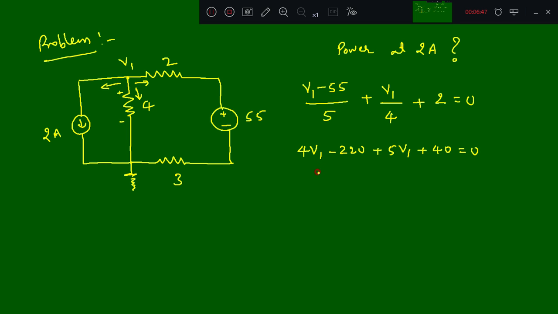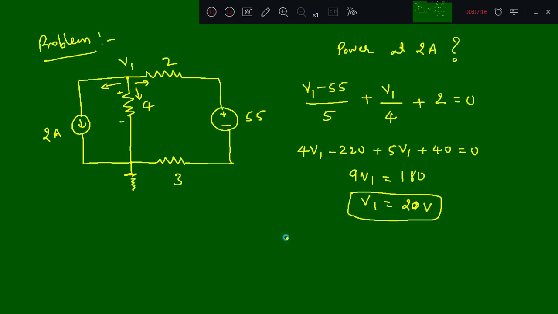So 9V1 equals 180, and V1 equals 20 volts. We got this value with only one equation. There are two nodes, so we got only n minus 1 equation, and got the value.